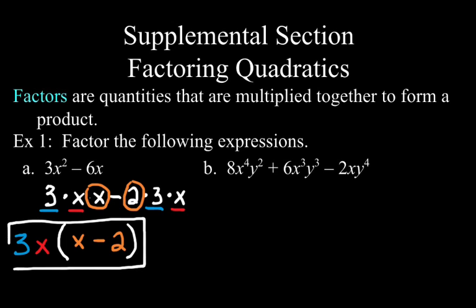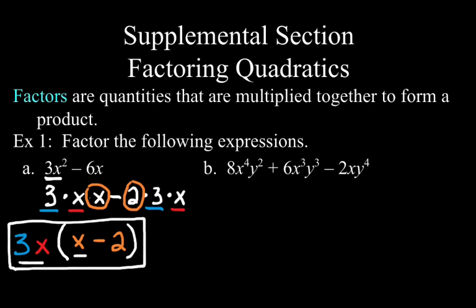Now, one thing you want to understand is that when we factor this out, it's kind of the reverse of distribution. Remember, in distribution we multiply through the parentheses. In this case, we are actually dividing out a 3 and dividing out an x. When we take the first term, 3x squared, and divide by 3x, what we have left is x.